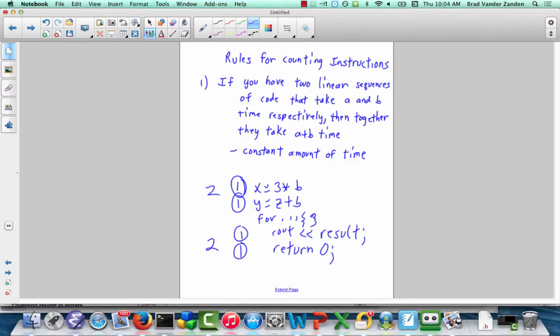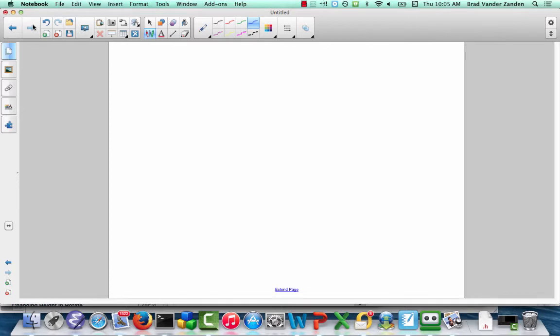A very simple thing. Two linear sequences, you add them together. Linear sequences without control structures embedded in them, like function calls, loops, if then else's, take a constant amount of time. The second thing is how you count instructions in loops.